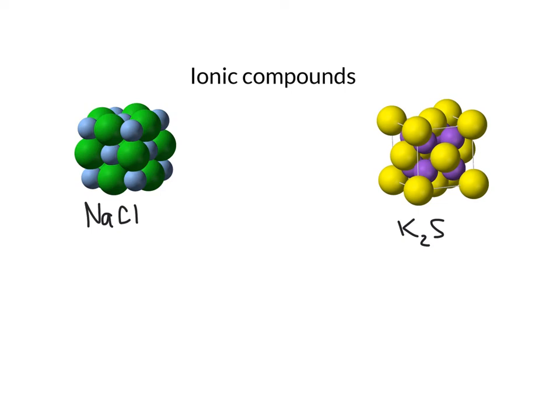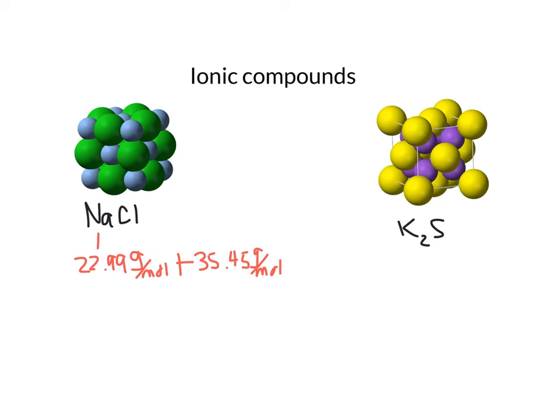So, for instance, for sodium chloride, I would have the mass of one sodium atom, which is 22.99 grams per mole, plus the mass of 1 mole of chlorine, which is 35.45 grams per mole.